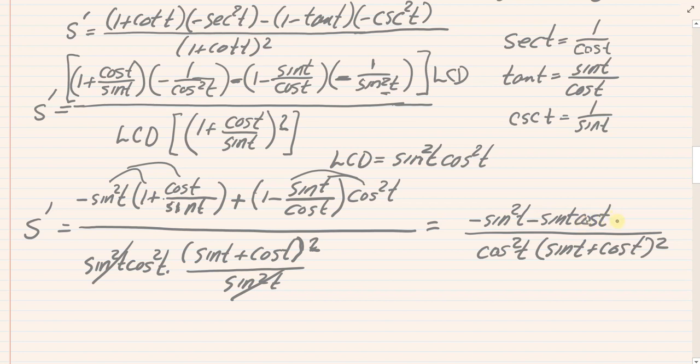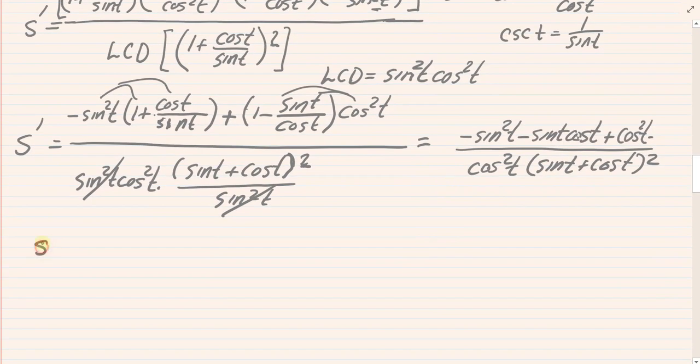And plus cosine squared t minus sine t cosine t. I'm running out of space. Let me move down here. So S prime is going to be, again, we have cosine squared t, negative sine t, and plus cosine squared t, and then minus sine t cosine t.